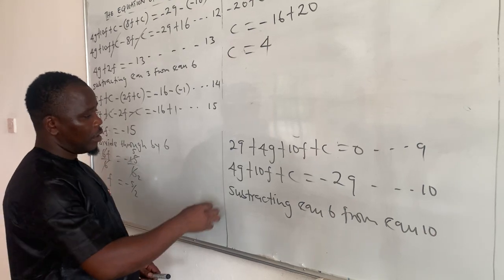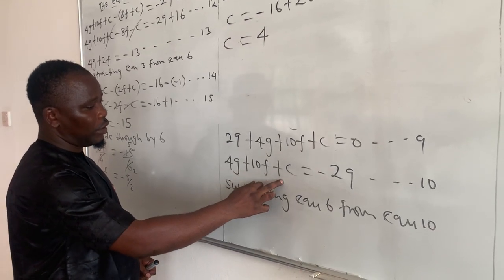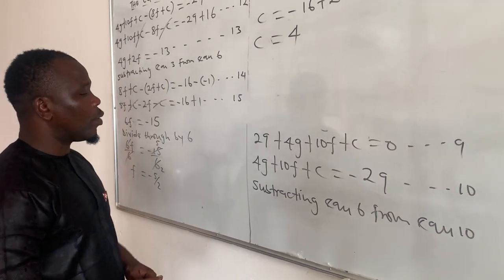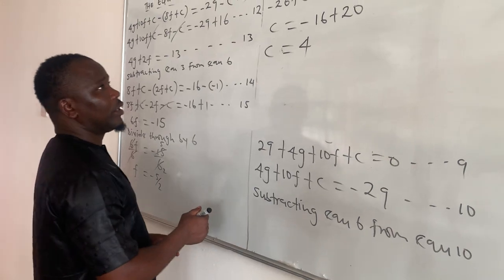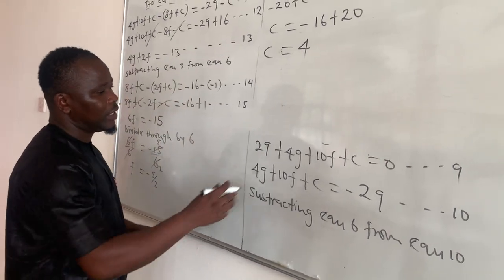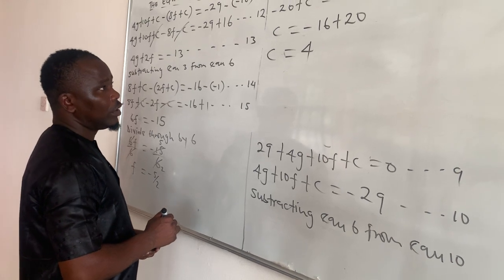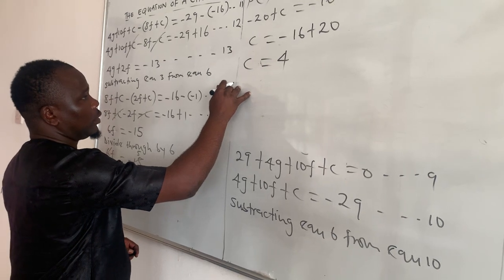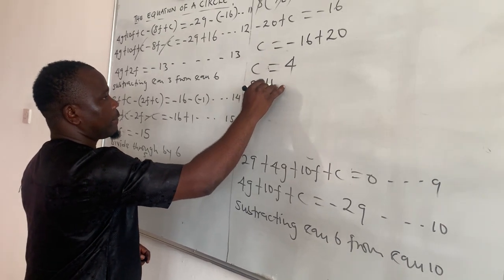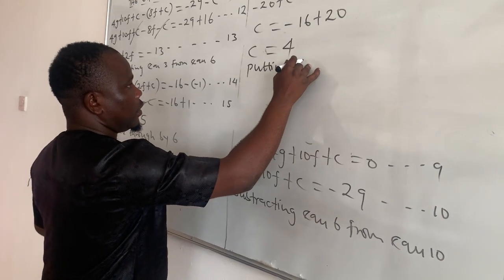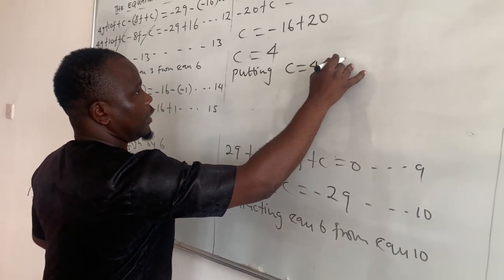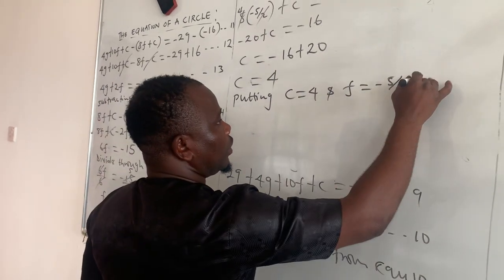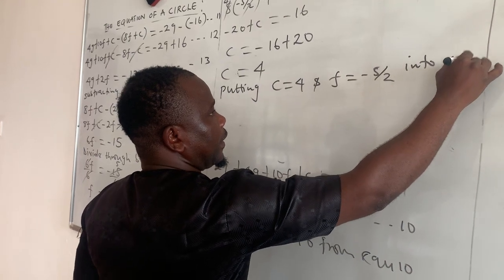Is that clear? 4g plus 10f plus c equals to minus 29, where we know that our f is minus 5 all over 2 and c is equals to 4. So we are going to substitute. We'll write, putting c equals to 4 and f equals to minus 5 all over 2 into equation 10.